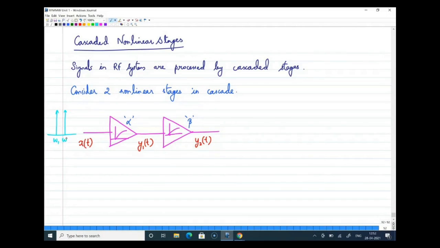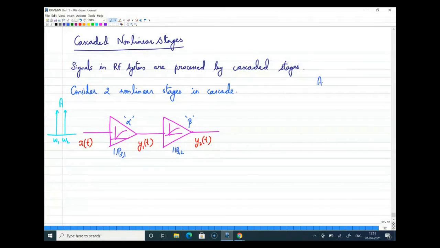I am considering two frequency components at omega 1 and omega 2, both with equal amplitude A, and that is what is available at the input of these cascaded nonlinear stages. What I am going to find now is the combined IP3 of the system. Let me mark here the IP3 of the first stage as IIP3 of 1, and of the second stage as IIP3 of 2, for the stages individually.